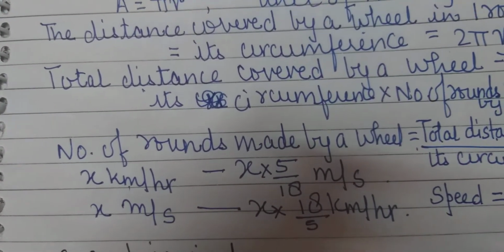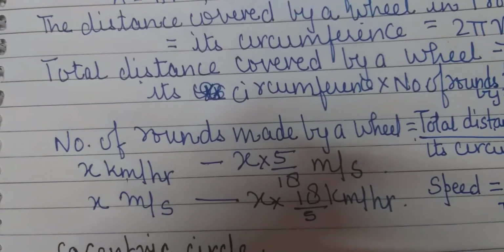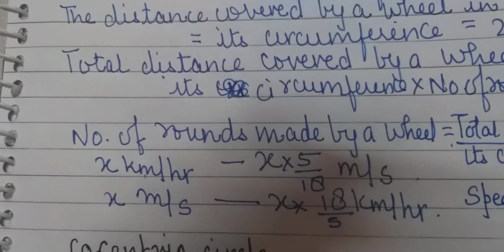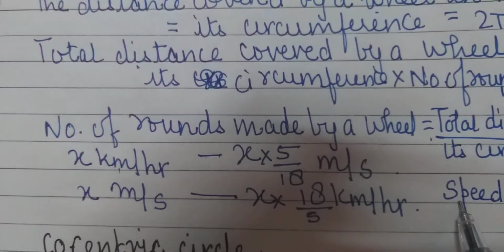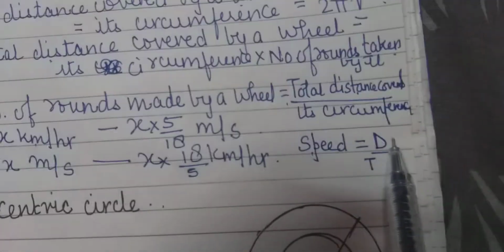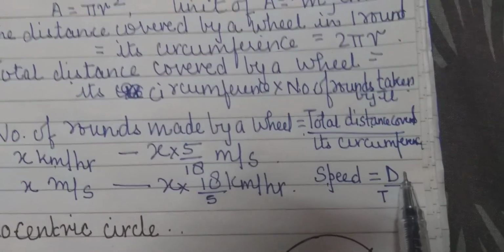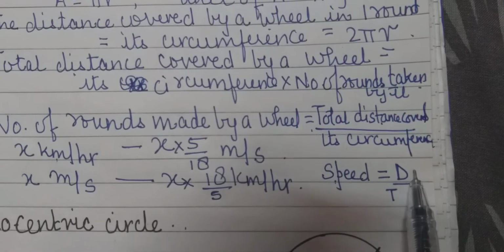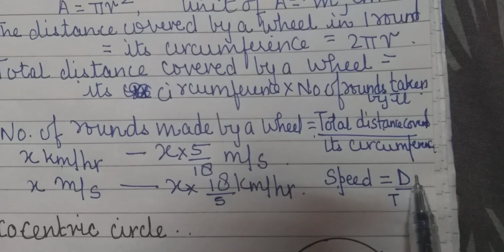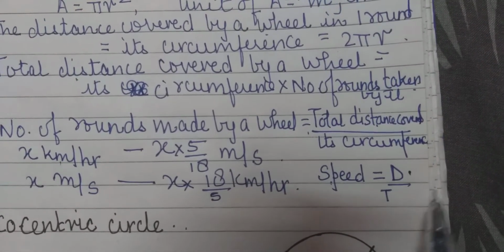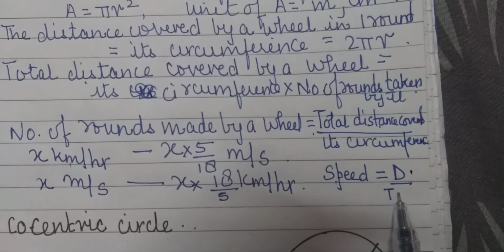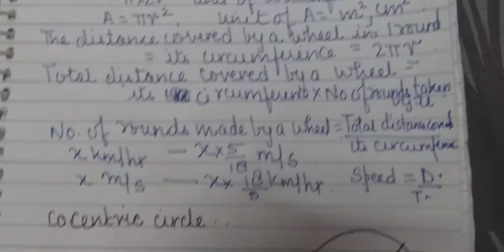Speed is distance upon time. I think you all know this, right? So what is the speed? It is the total distance covered upon time taken. Clear to you?